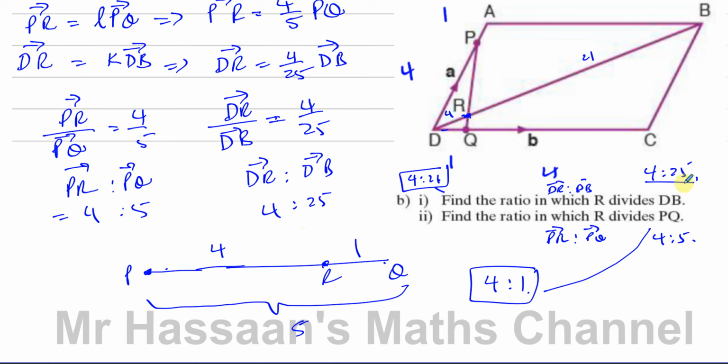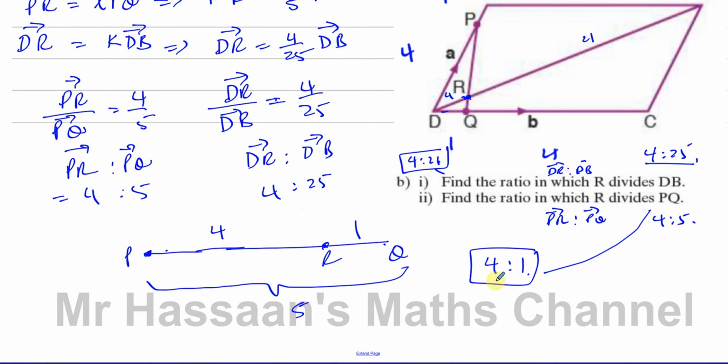If you want those as your answers, the question should be find the ratio of DR to DB and find the ratio of PR to PQ. Then those would be the correct answers. If you want to answer these particular questions, then it should be 4 to 21 and 4 to 1. That's my perspective on this.